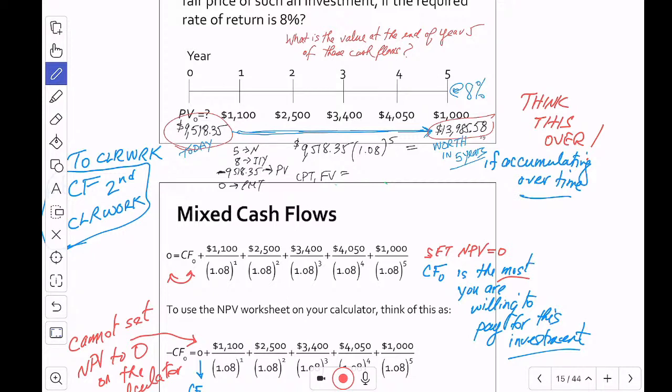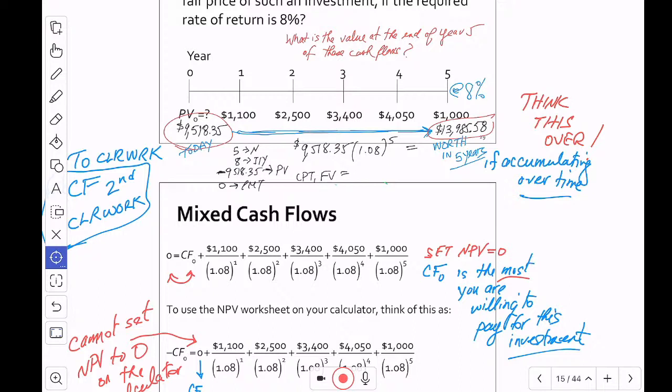If you took the money and did something else with it, but this is what they're worth if you allow them to accumulate. Some students might get confused, but some, usually few, will say, well, why am I spending what I get? Why would I spend this to get the same amount? Like this becomes 0.